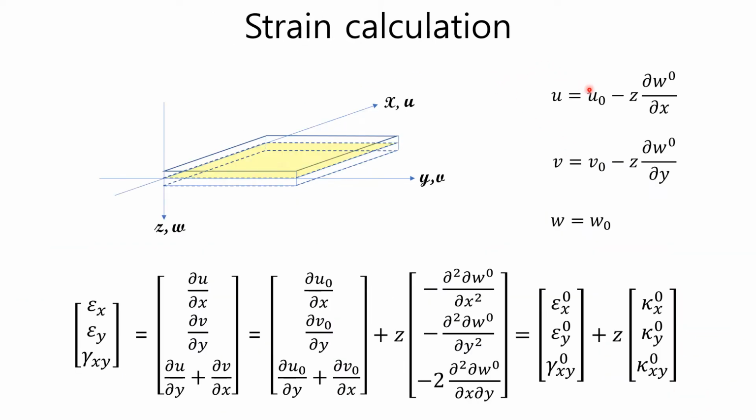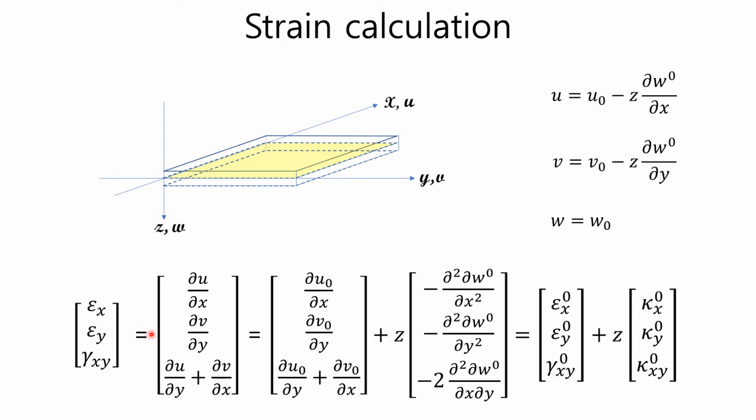We can calculate the displacements u, v, and w using the kinematics of deformation in the previous slide. Now, we can derive the equations to calculate the strains from those known displacements.